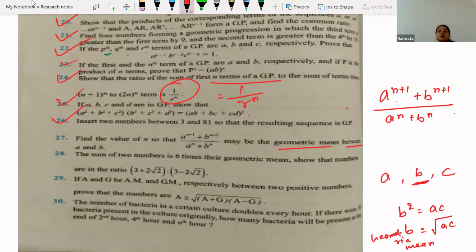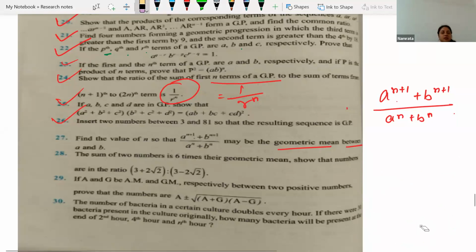Here in our question, just read it carefully: find the value of n so that this is the geometric mean.